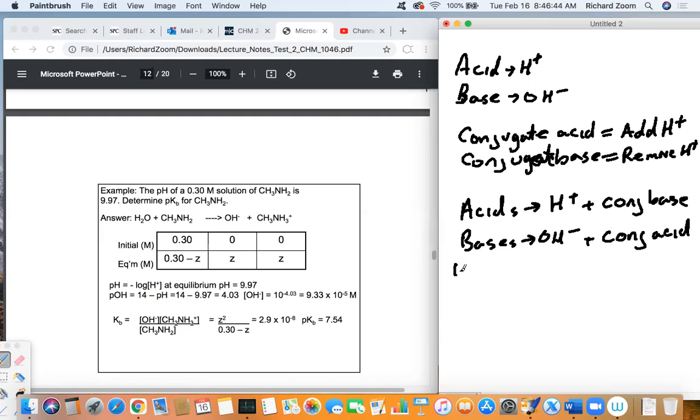So these are writing equations. Okay, so let's say we're looking at Ka and we're given, what's a good example? Actually, I'll do a number of examples here.